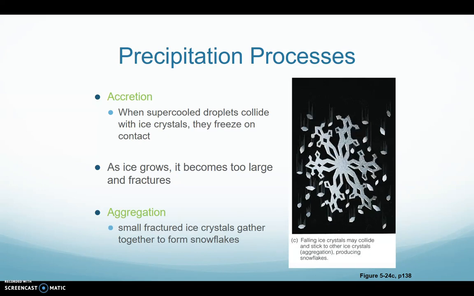That means they are attracted to each other and the crystals recombine in some different crystalline pattern that allows it to fall more easily without fracturing. So this is the process of accretion and aggregation, and is the primary method of growing ice crystals.